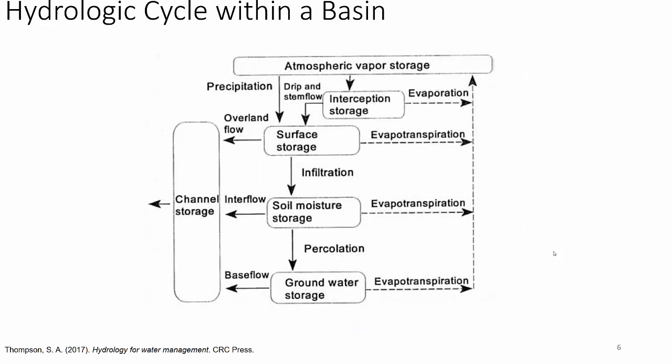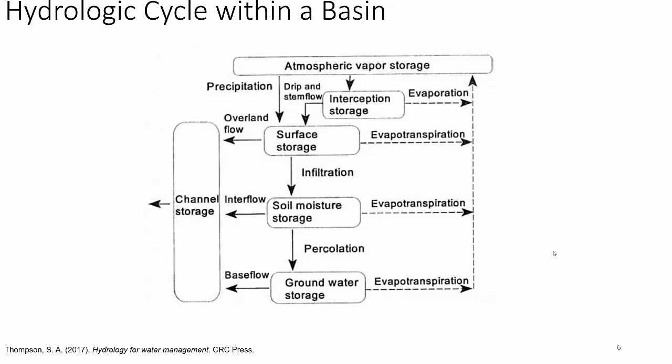As we evaluate the movement of water within a contained area, we see that atmospheric vapor storage drops to the surface through precipitation. It's sometimes intercepted by tree branches and leaves, and you have drip and stem flow down to the surface. Some of that water is evaporated directly back up. Surface water is then either stored or infiltrated.